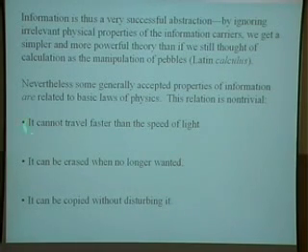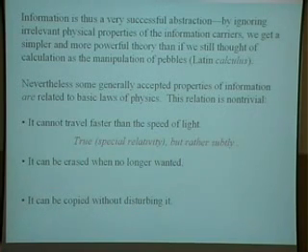Everyone knows that you cannot send information faster than the speed of light, and if you don't like some information, you can erase it when you no longer want it, and you can copy information without disturbing it. Well, those things are not quite so simple. Certainly it is true that it cannot travel faster than the speed of light. And even the phenomenon of entanglement, which I'll speak about in greater detail, only appears to violate it, but does not violate it.